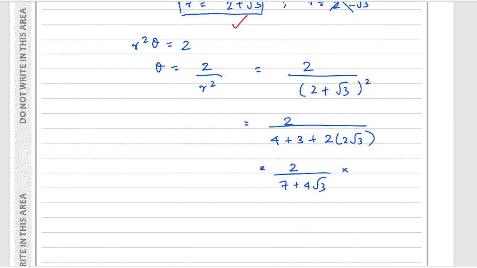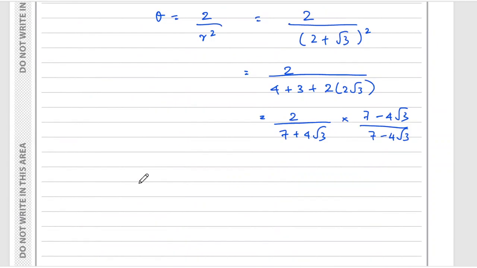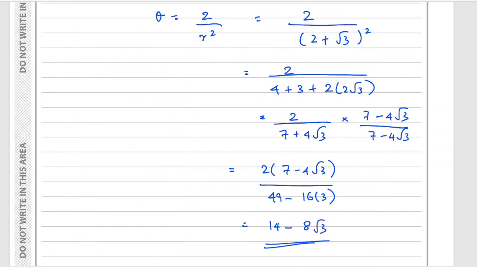Now you need to multiply by the conjugate because you need to express it in the form a plus b root c. This will give you 2 times 7 minus 4 root 3, divided by, in the denominator, 49 minus 16 times 3, which is 1. So in the numerator you get 14 minus 8 root 3. So this is your theta value.